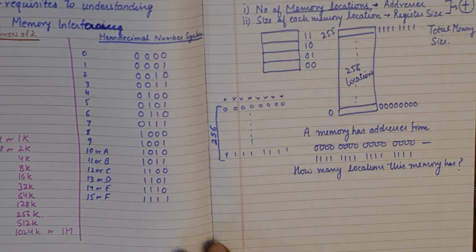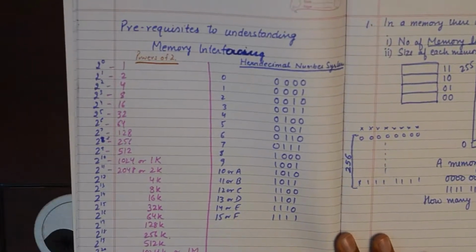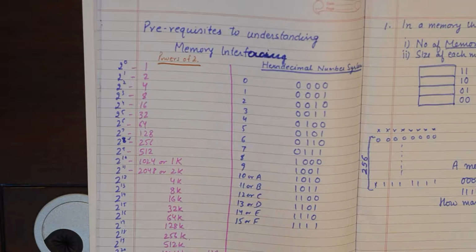This question can be answered again by referring to this table. We know that this memory is being addressed by 16 bits for each of its memory locations.